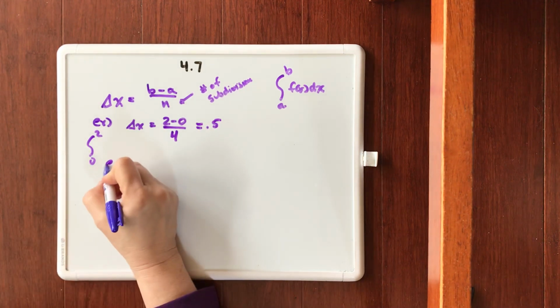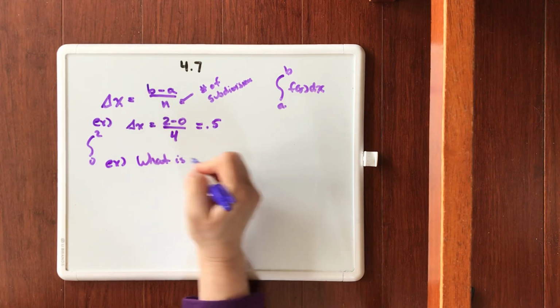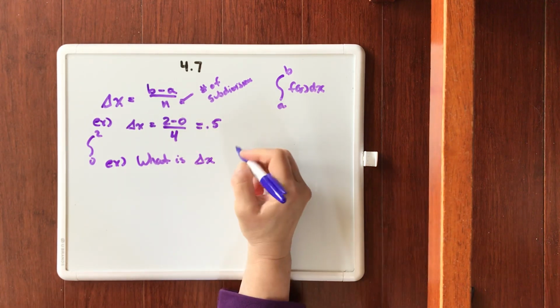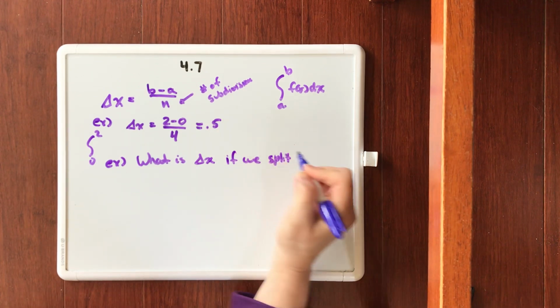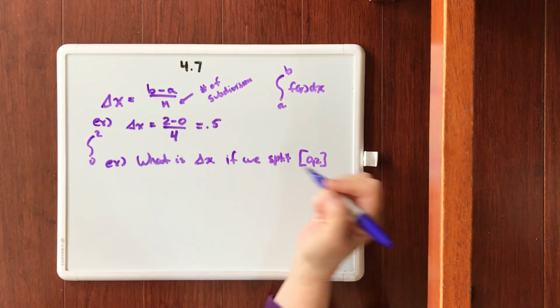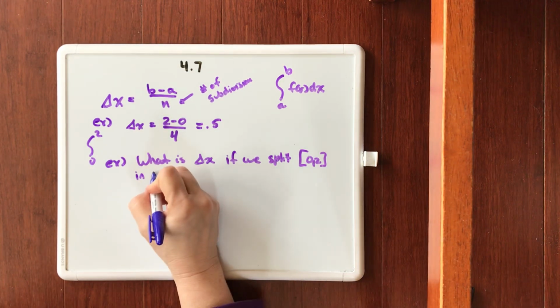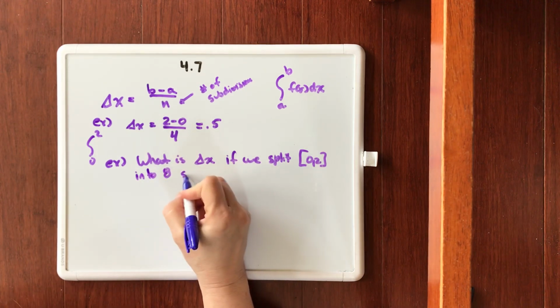Okay, so let's do a little example. What is delta x if we split the integral from 0 to 2 into 8 subdivisions?